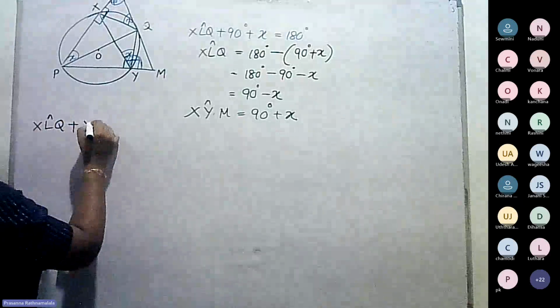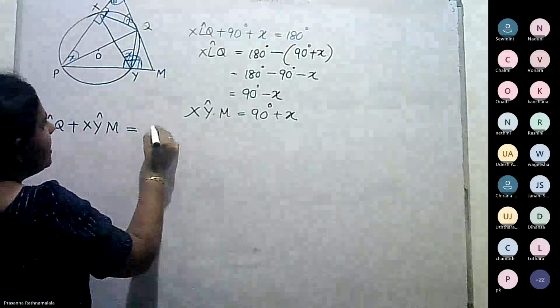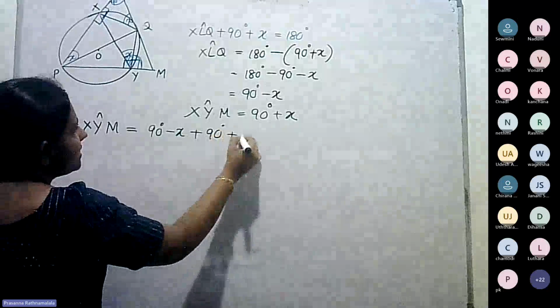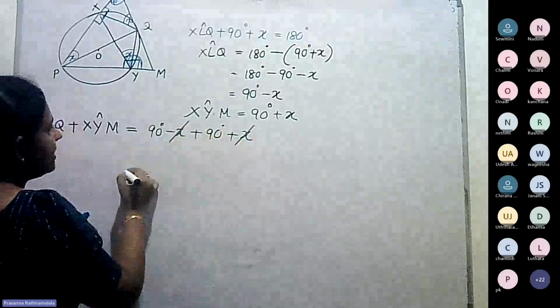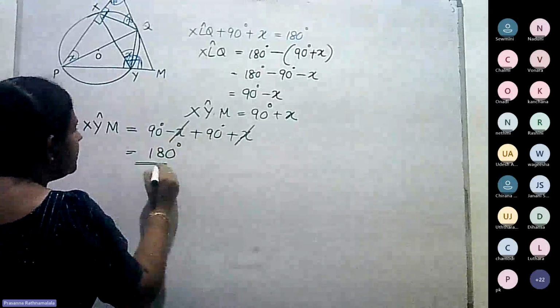XLQ plus XYM equals 90 minus X plus 90 plus X. What happened to this X? It gets cancelled. 90 plus 90, that is 180.